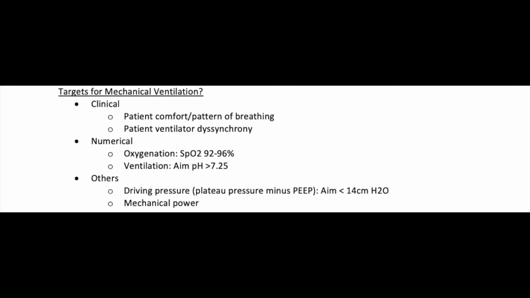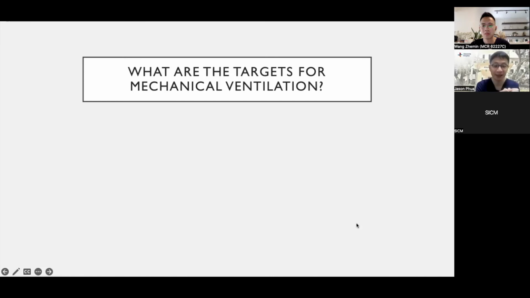There's also increasingly talk of something known as mechanical power, which is basically a combination of everything in the ventilator, right? Everything. You're talking about respiratory rate, PEEP, flow rates, peak pressure, etc. And there's also a mathematical formula. The idea is that this particular number is a combination of everything that can cause ventilator-induced lung injury.